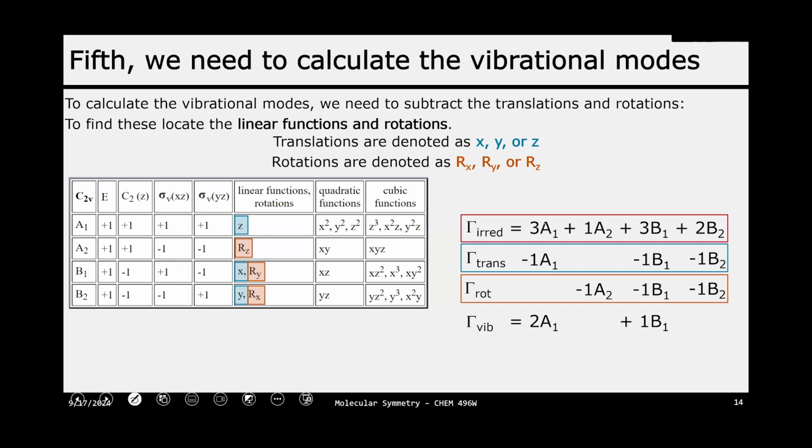We get rid of one of our A1s, which leaves us with 2A1. Our A2s are taken out. We're subtracting 2 B1s, so we're left with 1 B1, and our B2s are taken out. Now we're left with our vibrational modes, or our vibrational representation, which is 2A1 plus 1B1.